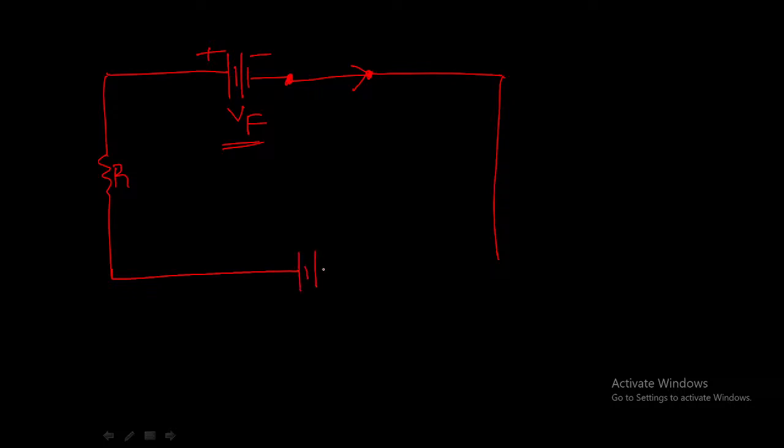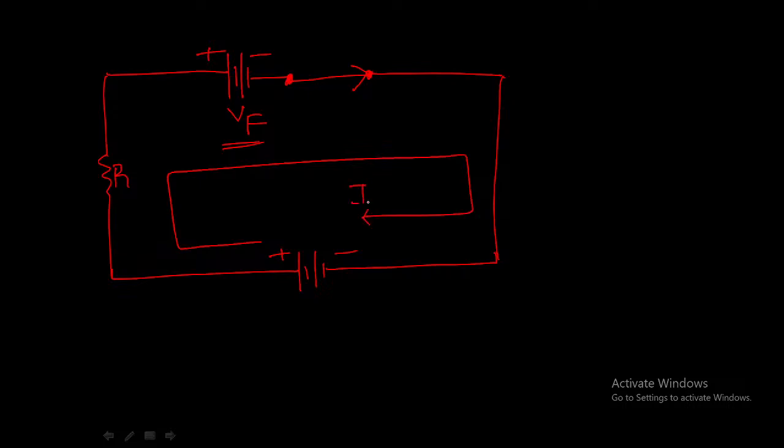This is the practical model of our forward bias diode. Here the current is flowing from positive to negative. This current is known as the forward current IF, flowing through the diode, and Vf is the forward voltage, equal to 0.7 volts. This is the case of forward bias condition.